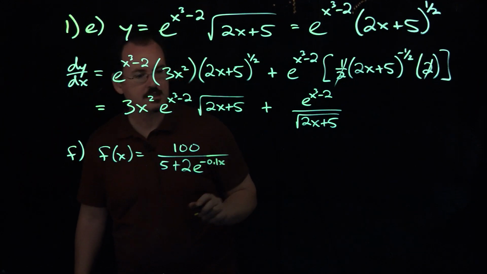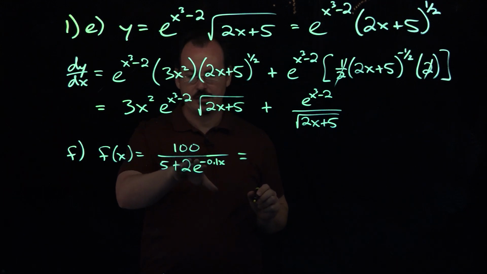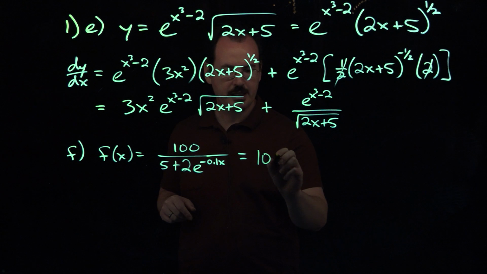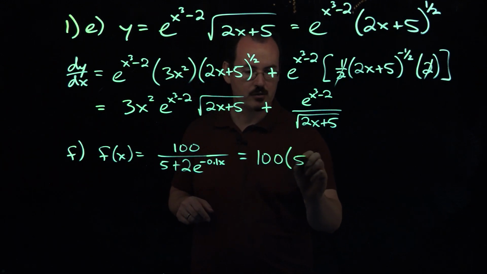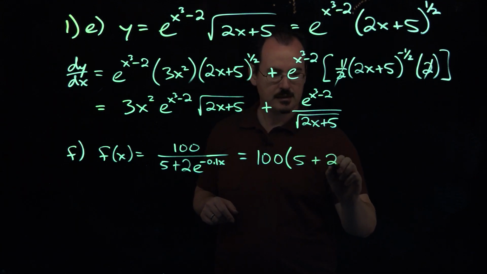Okay, so what I suggest in problems like this, where you have only a constant in the numerator and some function in the denominator, is to go ahead and rewrite it so that it has a negative exponent. Then you can just use the power rule, or the general power rule, instead of the quotient rule. So we can write it like this.